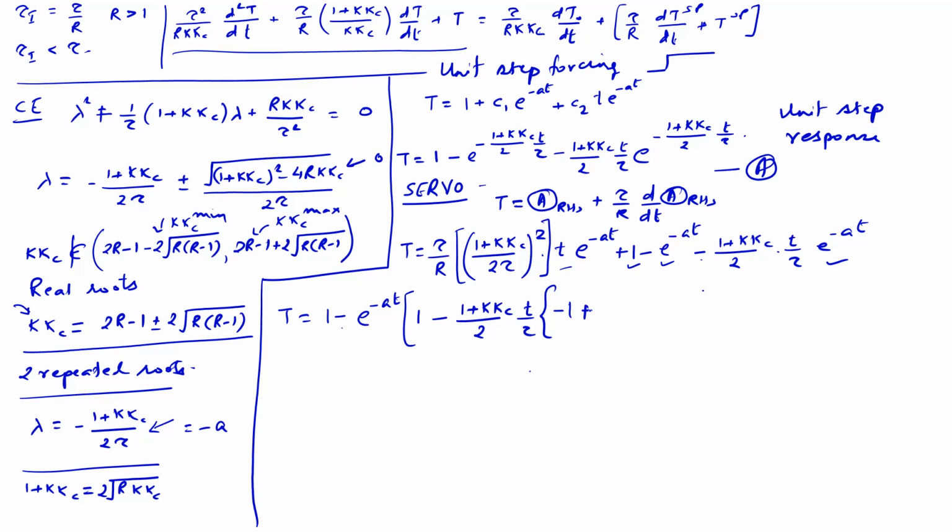We've taken 1 plus KKC by 2 tau common, so we will be left with 1 plus KKC divided by 2, and there is a multiplier tau by r, so r will be left, and t by tau has already been taken out.